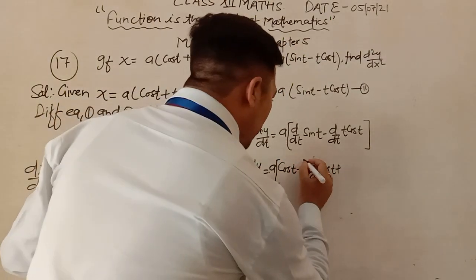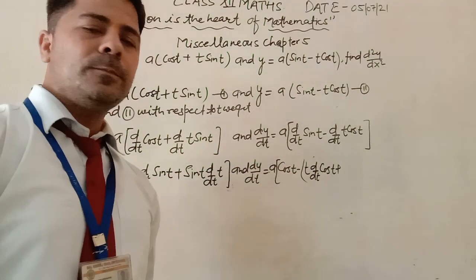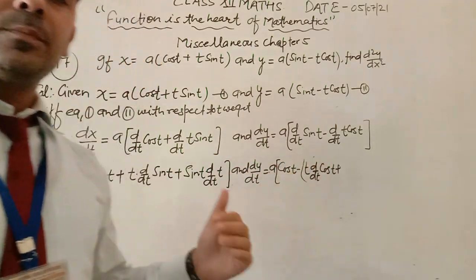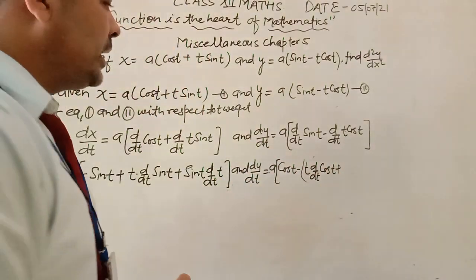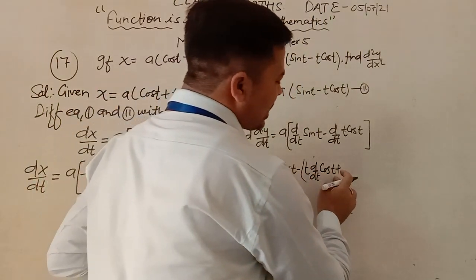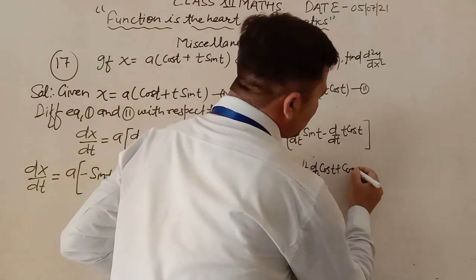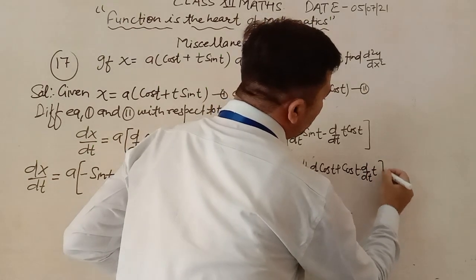Here you have to take brackets because there is a negative sign, so there is a little bit of problem while changing the sign of the terms.